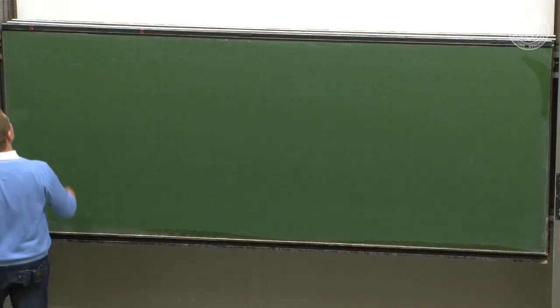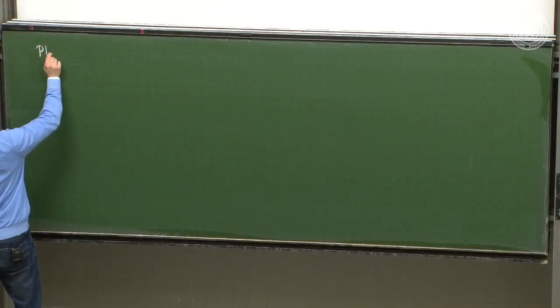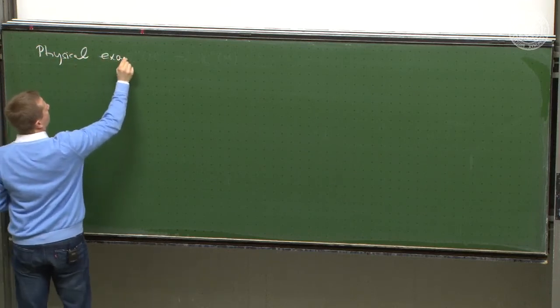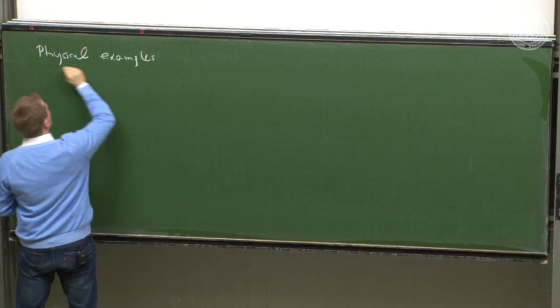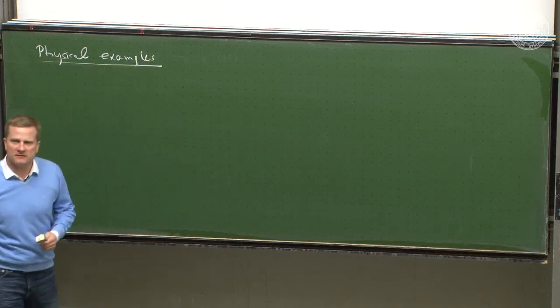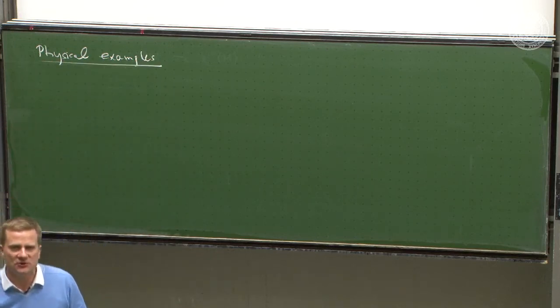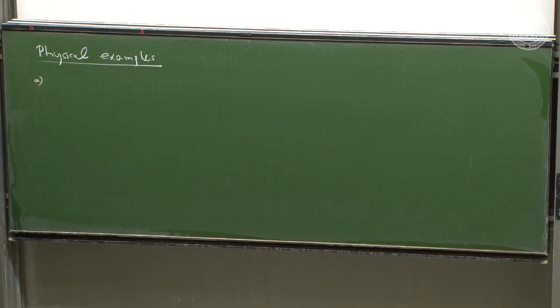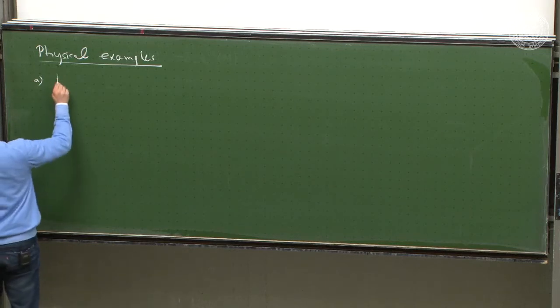So let me give you 2 physical examples. They're very brief because, in fact, we don't have enough technology yet to embellish them. But the first example is a well-known one, and that's Maxwell electrodynamics.